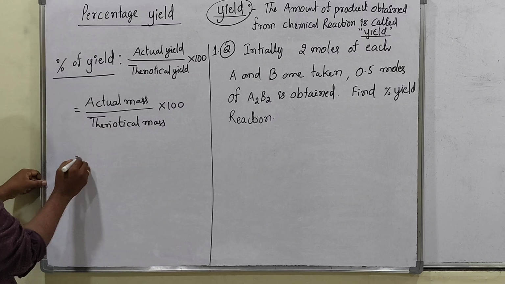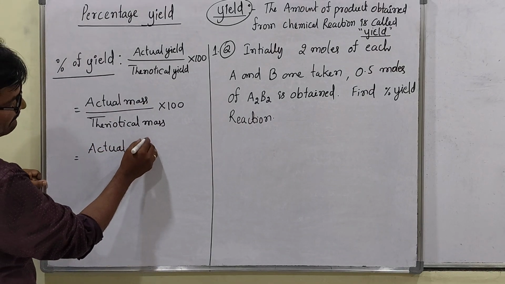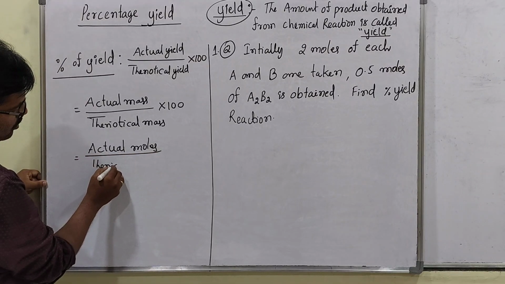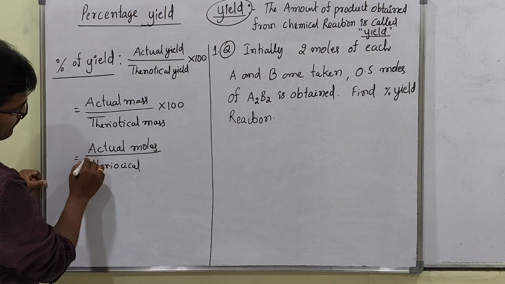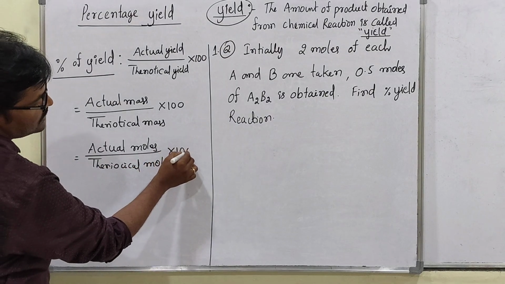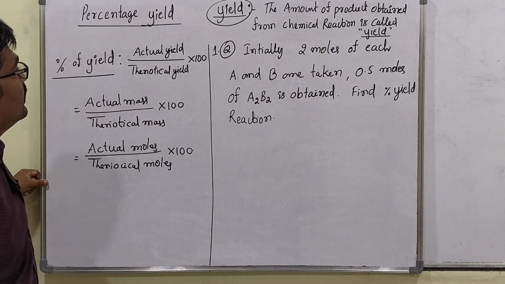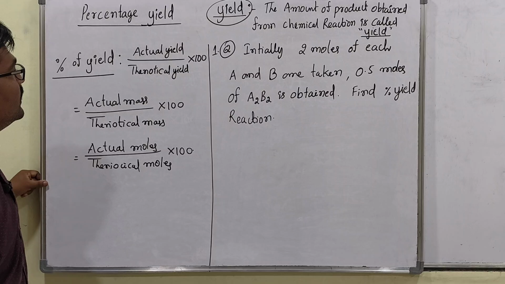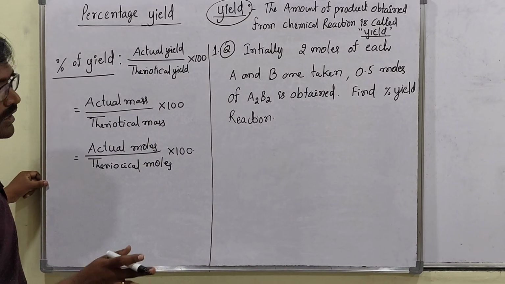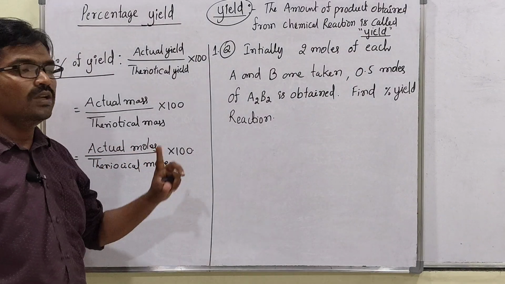Sir, in case moles are given, actual moles divided by theoretical moles into 100. So this is the formula. Any of these formulas can be given. So that is percentage of yield: actual yield divided by theoretical yield, or actual mass divided by theoretical mass, or actual moles divided by theoretical moles, into 100.